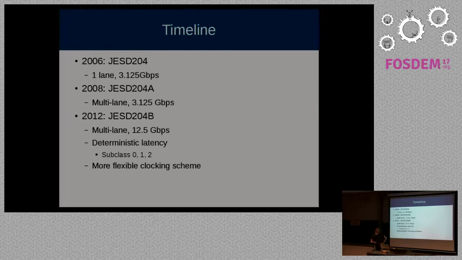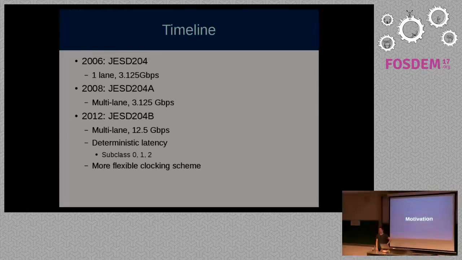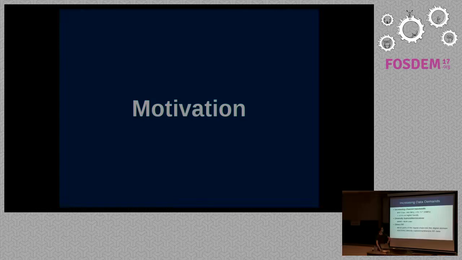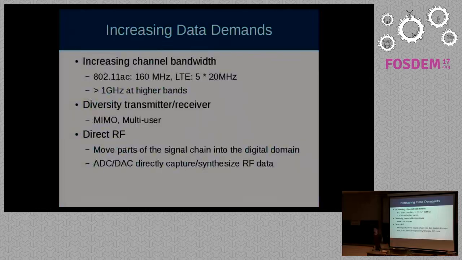So, motivation: why do we actually need this, especially for software-defined radio? Why do we care about JESD204B? What we're seeing is increasing data demands. A lot of the new mobile communication standards have rather wide channels. Wi-Fi, the latest version, AC, has channels which can be up to 160 megahertz wide.